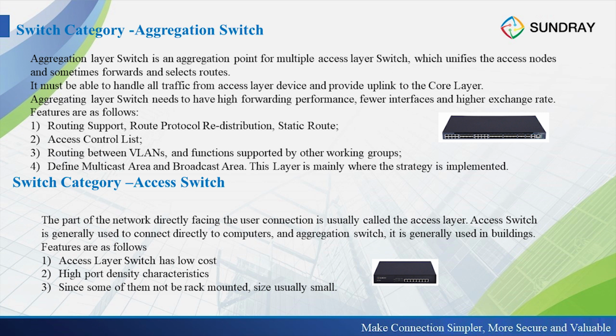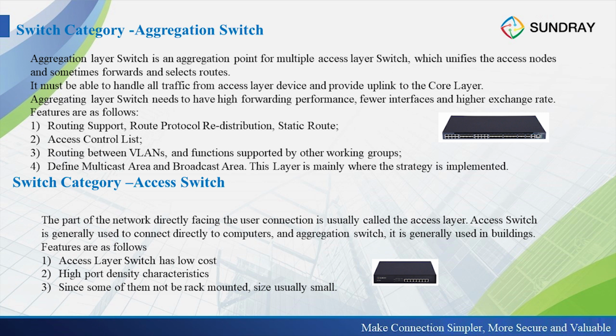For the aggregation switch, it must be able to handle all the traffic from access layer devices, and it also needs to provide the uplink to the core layer. The requirement for the aggregation layer switch is high forwarding performance, fewer interfaces, and a higher exchange rate.